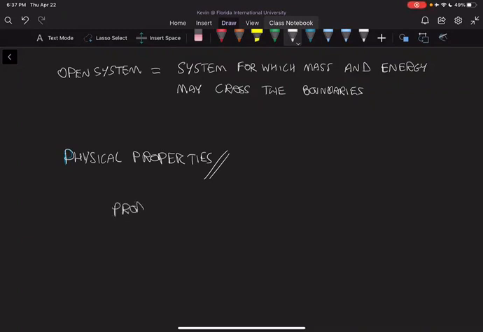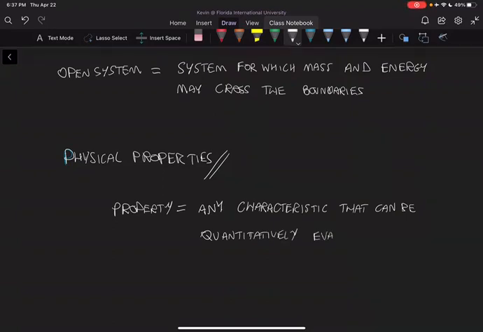A property is any characteristic that can be quantitatively evaluated.